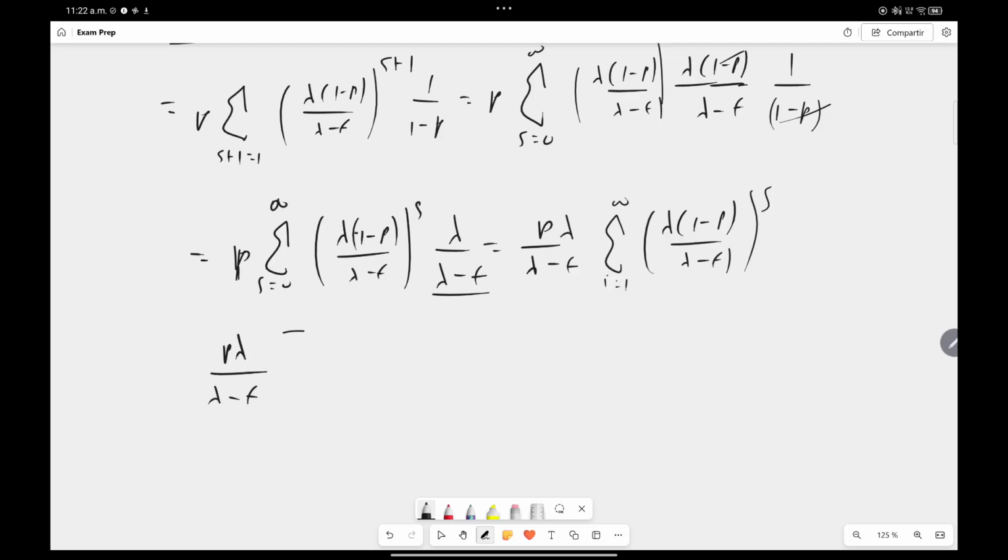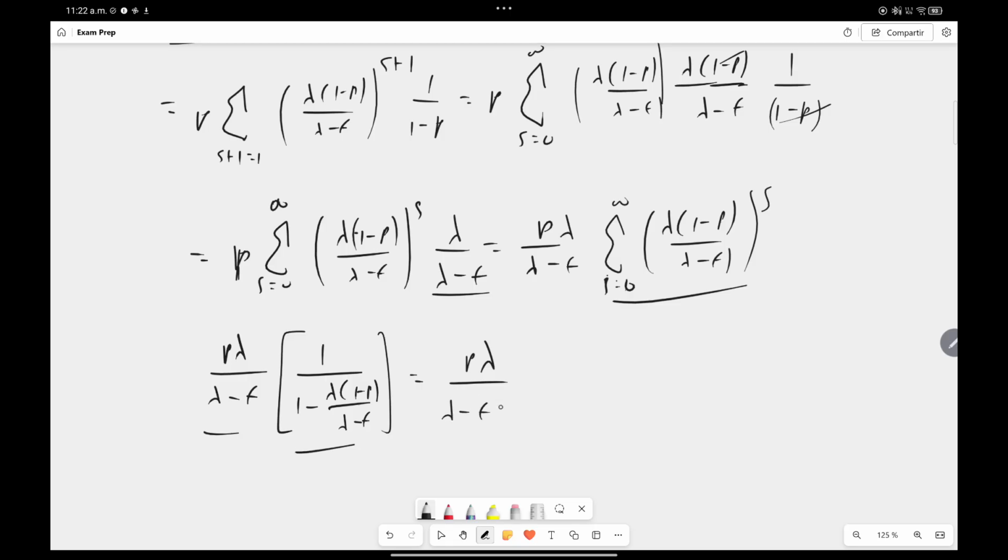We get p over lambda minus t, and one well-known fact about these types of summations, x equals 0 to infinity, is that you can use a formula and it equals this. And then what you can do is just multiply these two terms together, and you get lambda minus t minus lambda plus lambda.